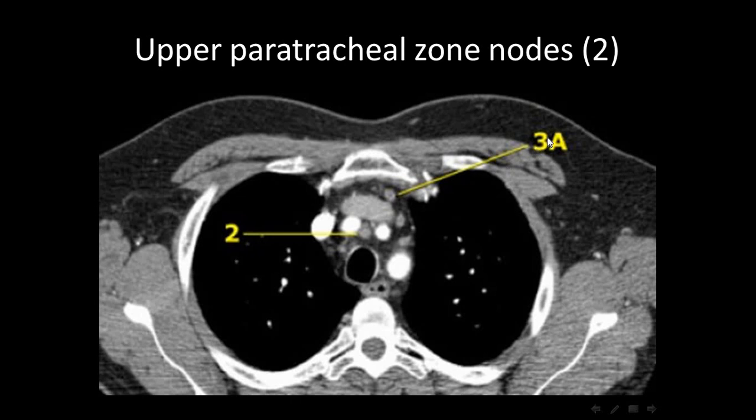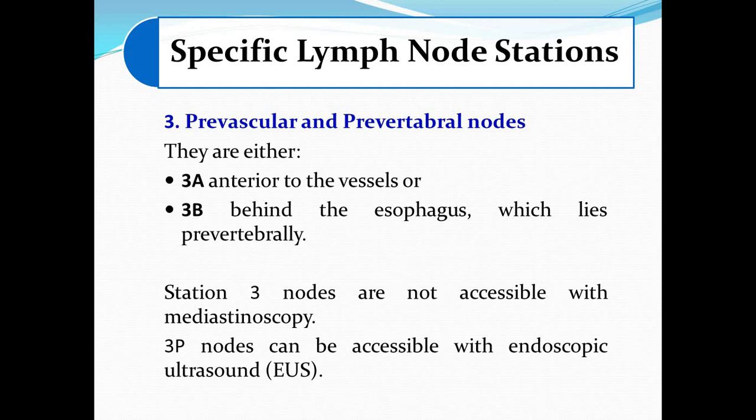The 3rd station we didn't talk about yet, so we will leave it for the next one. The 3rd station is the prevascular and prevertebral or paravertebral lymph nodes. They are either anterior to the blood vessels, so they are called prevascular, or behind the esophagus, so they are called prevertebral or paravertebral.